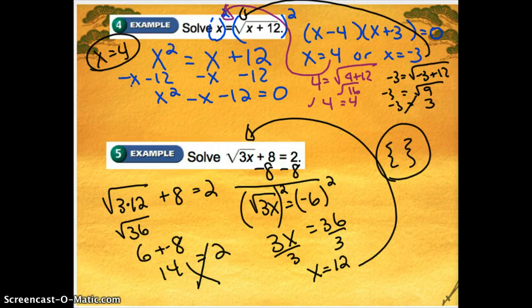Okay, and if you were one of the kids that noticed this right away, when I said square root of 3x equals negative 6, remember this sign just means positive square root, so it's not ever going to equal a negative number. So right here, you might have stopped and said there was no solution. But if you kept going, totally okay. Once you check it, you would still see there's no solution.